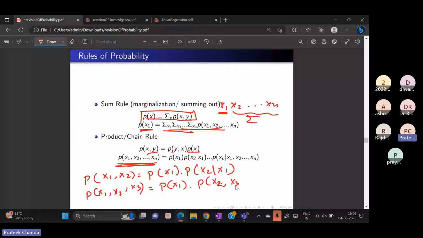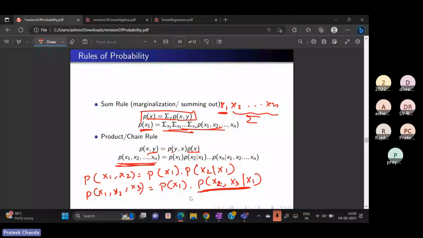Now I can also factorize this, because this expression itself is a joint distribution given x1. So I can write p of x2 given x1, and p of x2, x3 given x1.